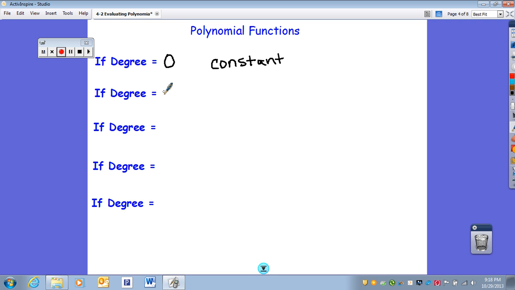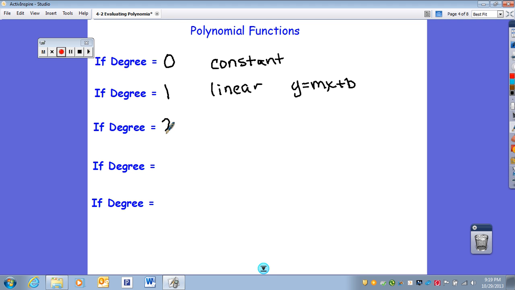If we have a polynomial that is to the first degree, we have a linear function. That would be an example of y equals mx plus b, where we have our x to the first degree.